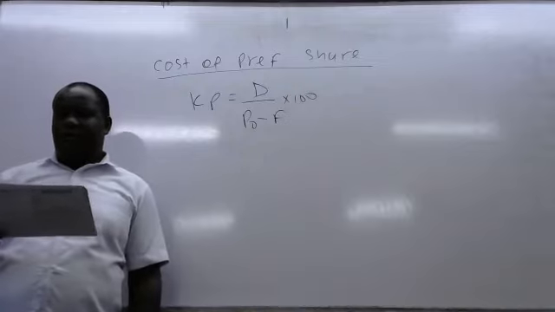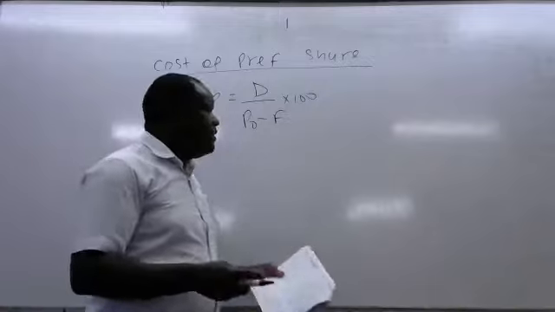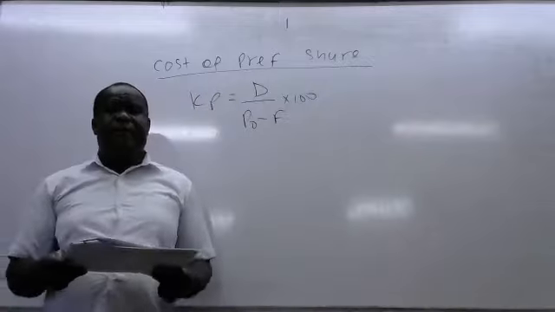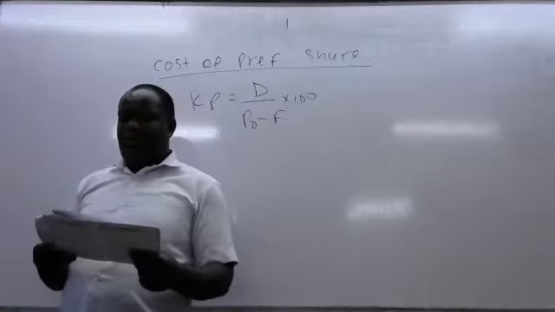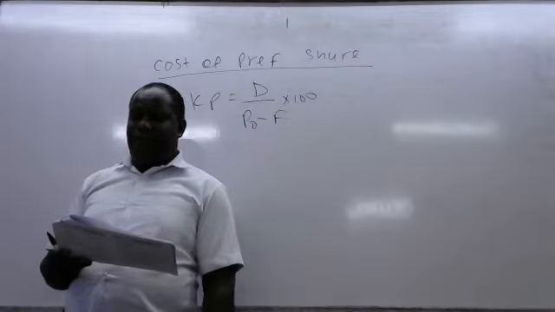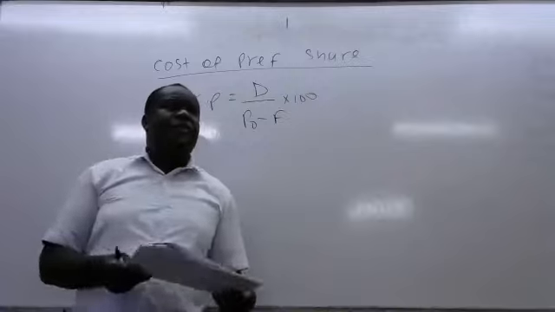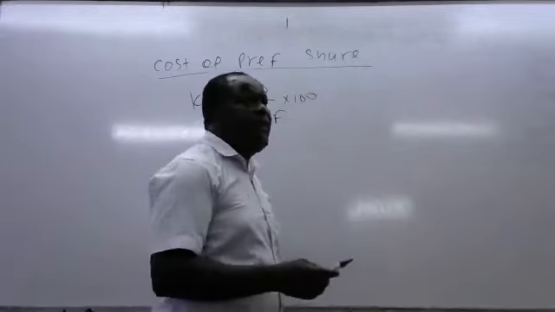So that cost of the preference share, it will be the dividend. You can see where they gave us the preference share capital. So new preference shares will be issued at 11% coupon rate. The par value of each share is supposed to be 100. So dividend is computed on the par value.